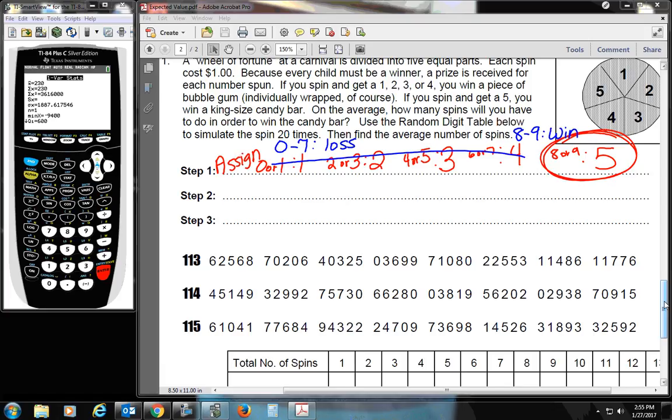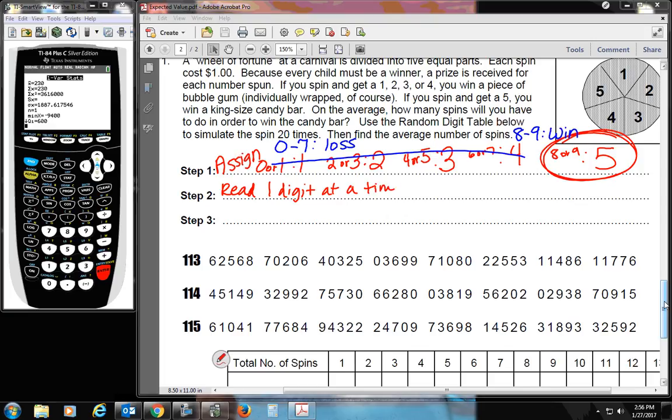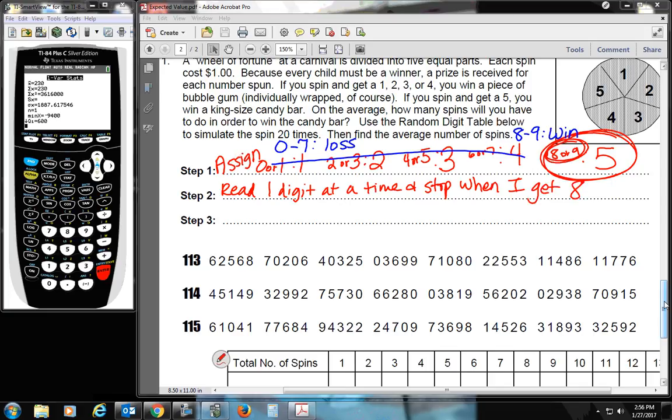You're going to read one digit at a time. And I said until you get a 5, but what I actually meant was until you get an 8 or 9, because 8 or 9 represents the section 5. So I'm going to read one digit at a time and stop when I get 8 or 9, because that is a win.